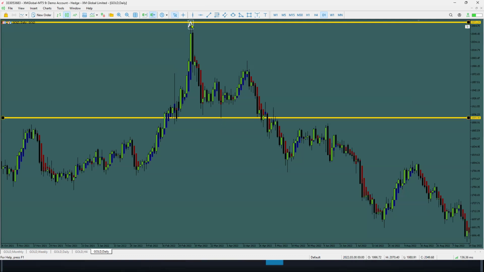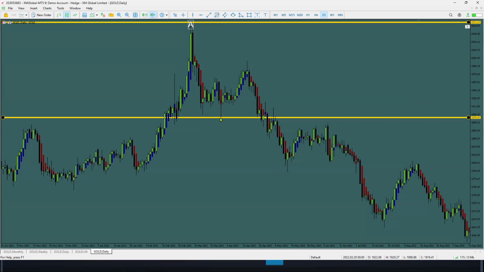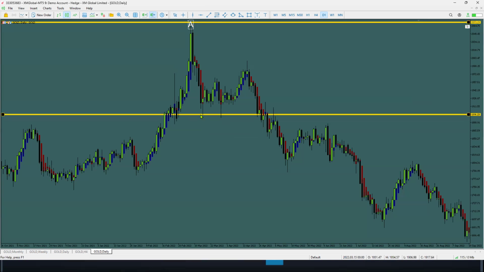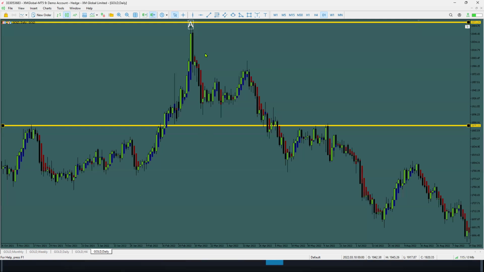After these two candles to the left, where is the next one? Is it here or here? The previous one? This one? Why do you take this one? You mean the top candle or the down candle, the support candle? No, this up.